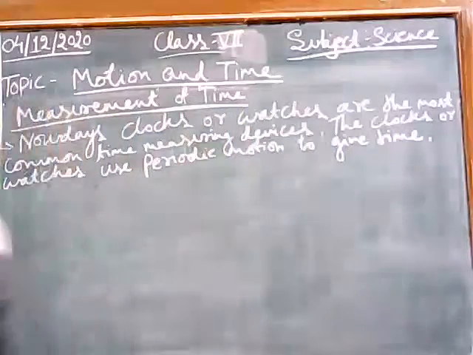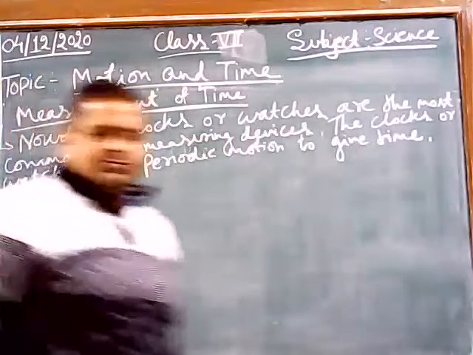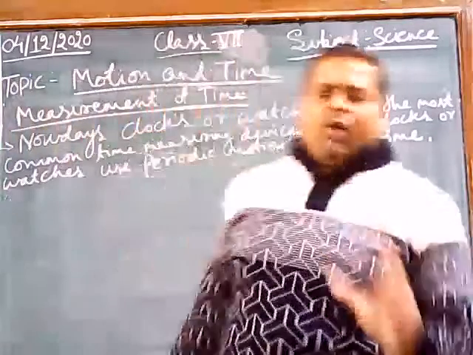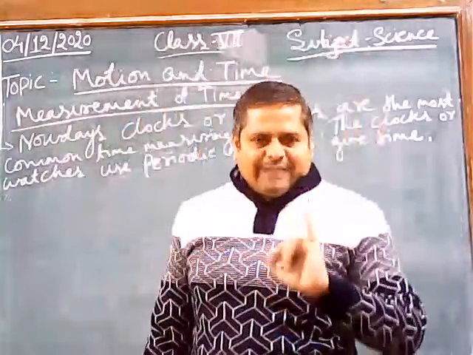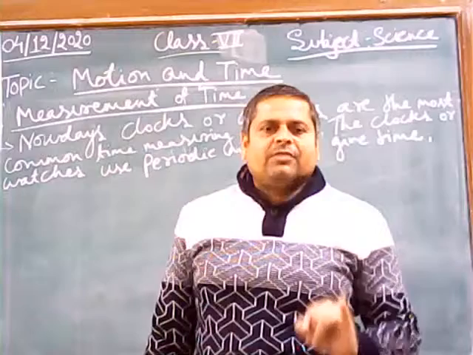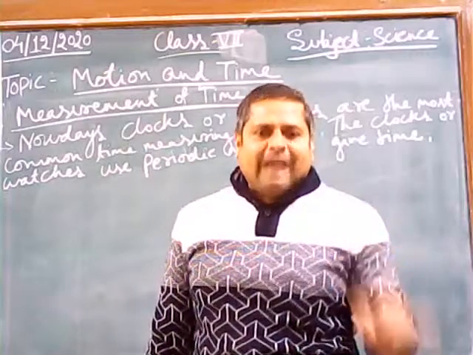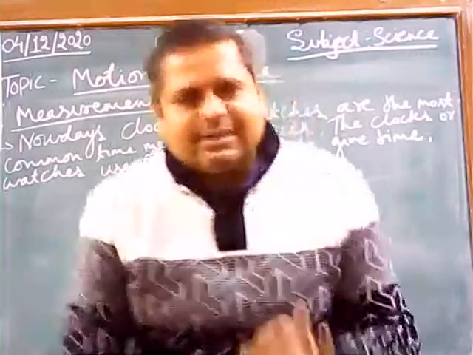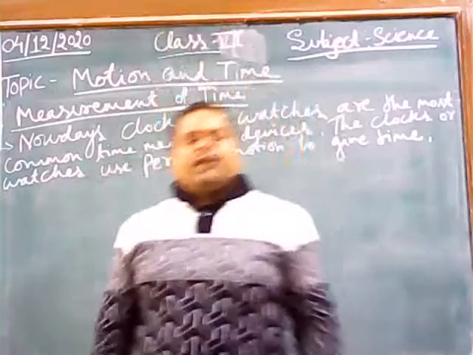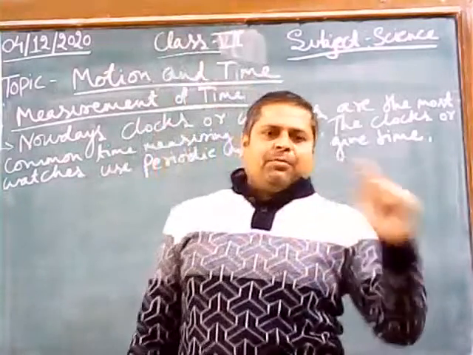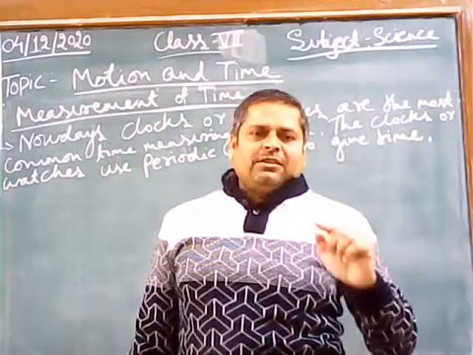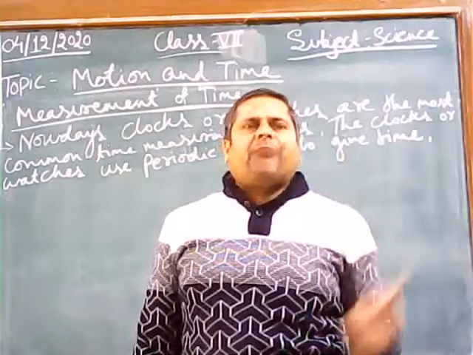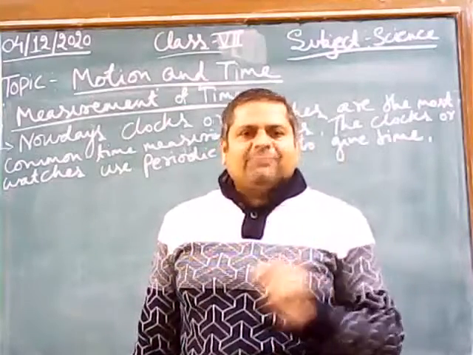Okay? We all know that a clock has three hands. Second hand, the longest one, then minute hand, then hour hand. Hour hand is the shortest one, and the second hand completes one revolution, or one circular motion, one complete path, in 1 minute.